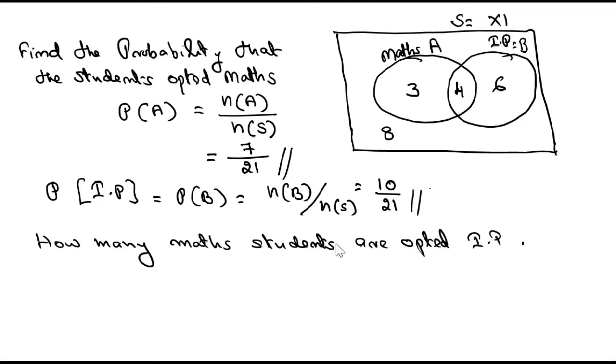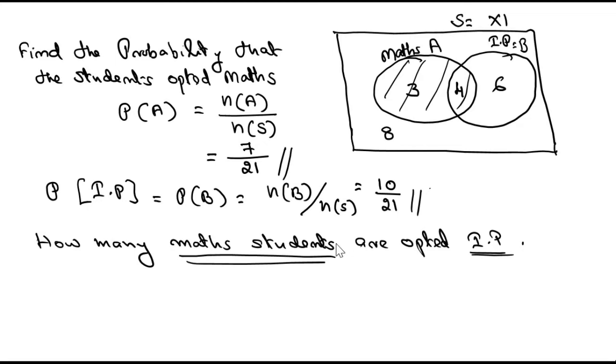That means 4 students have taken IP who have taken maths. So we can see that here the sample space is decreasing to maths, because we are asking how many maths students opted IP. We have to see only maths students here. We are not going to the whole sample space. So here the sample space is decreased to maths.